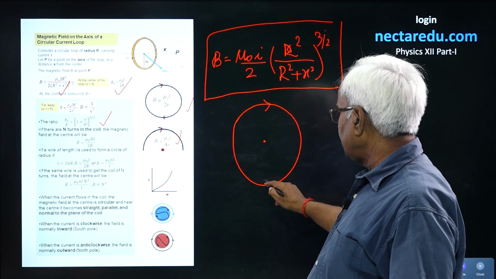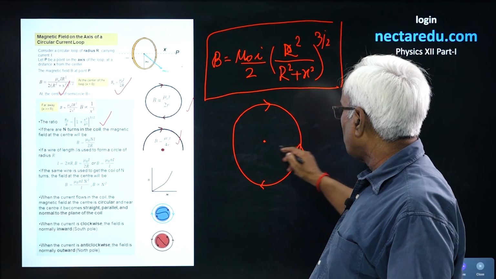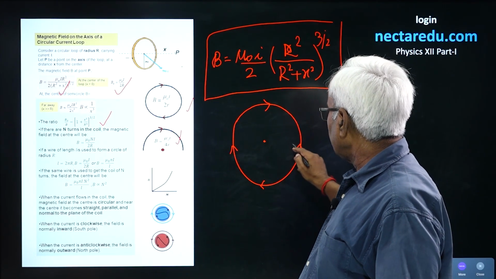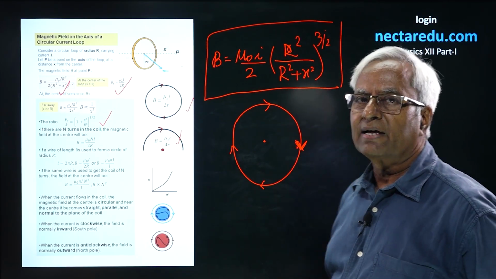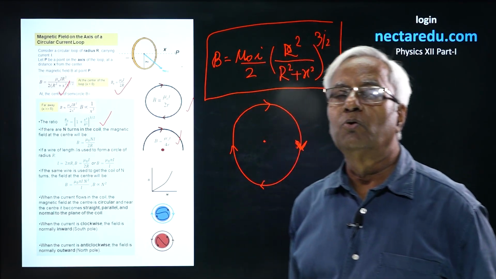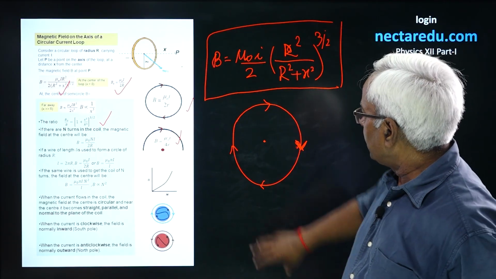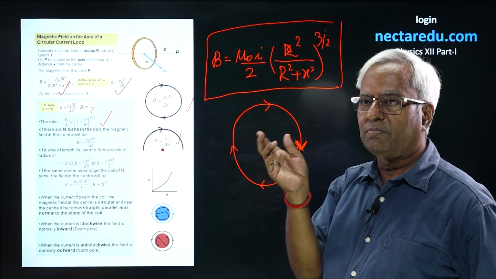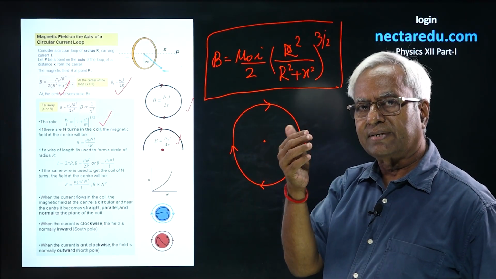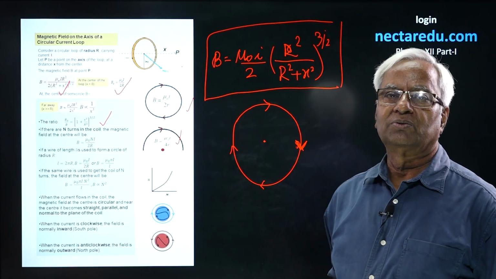We have already decided that when current flows through a coil, it behaves like a magnet. And when you talk about a magnet, obviously you must be knowing the poles. You say that this is the current carrying coil, obviously it is behaving like a magnet. One side should be north, the other side should be south.